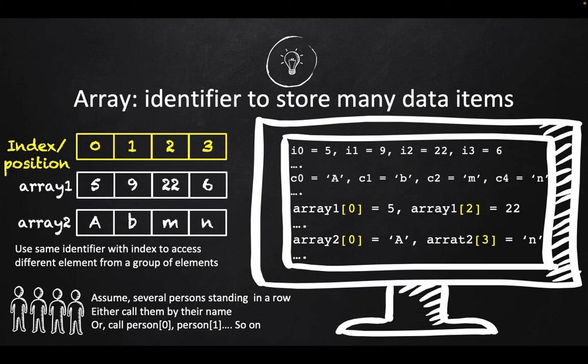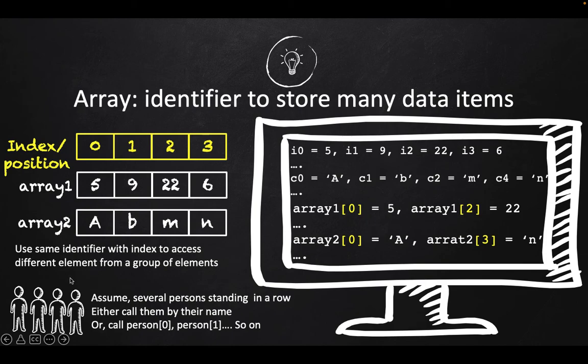Sometimes it is required to store many data items in one variable or in one identifier. At that time, you have to use the concept of array. Array means it can store many different variables under the same name, but using an index.